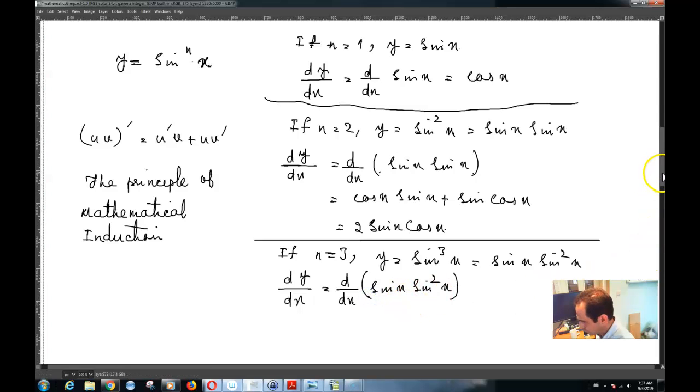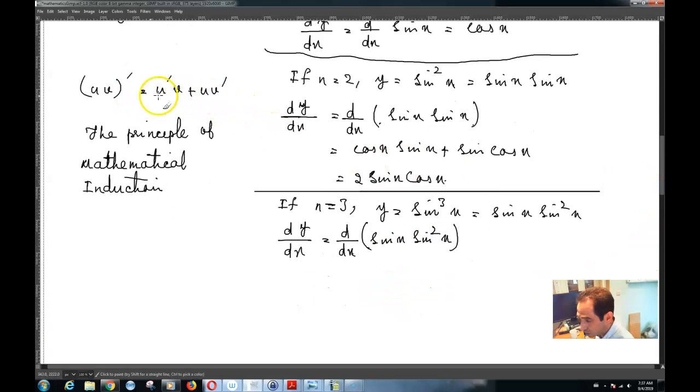And of course, then again you can use this formula, we can write it as basically cos x times the derivative times basically this function over here, sine squared x, plus the first function sine x times the derivative of the second function, which is the derivative of sine squared x. We calculated that here to be 2 times sine x cos x.